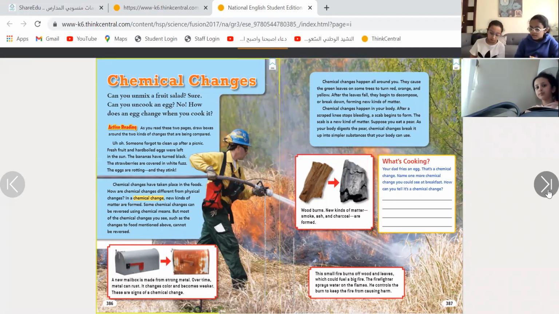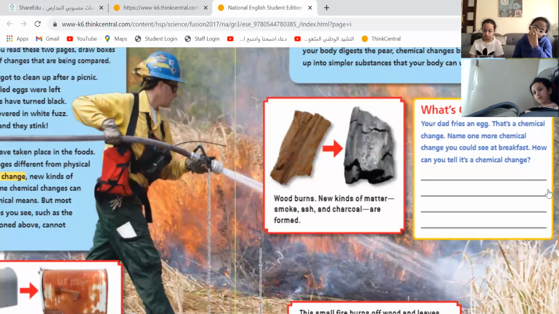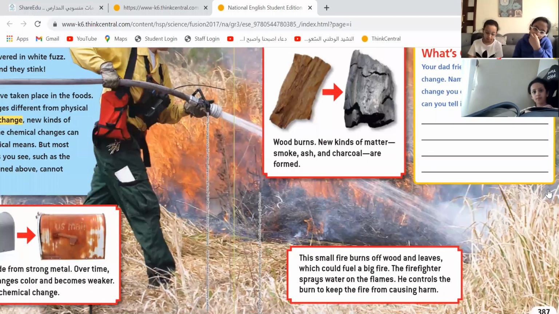Like in the board there was a wood and it's burned and it changed a lot. It was brown and now its color is black. Okay, just a minute.